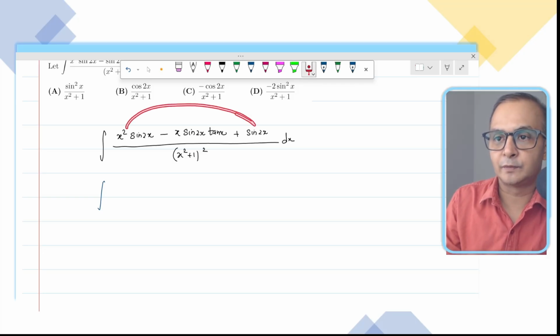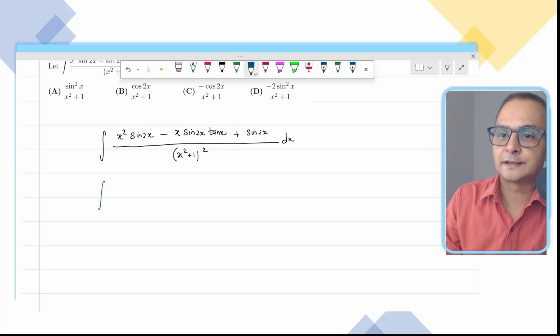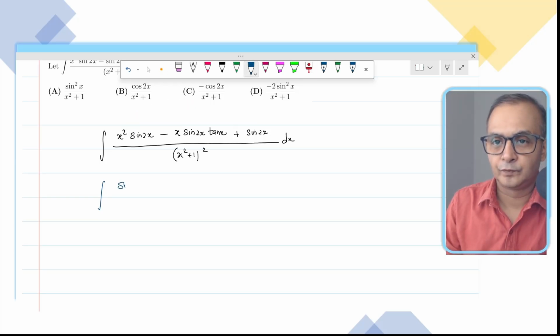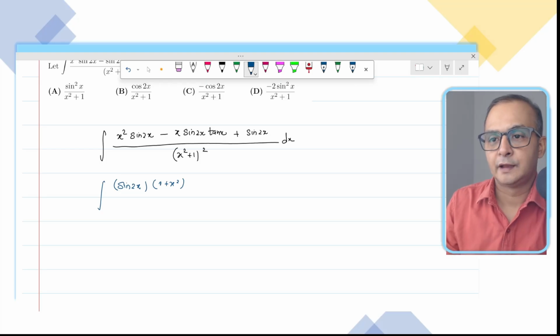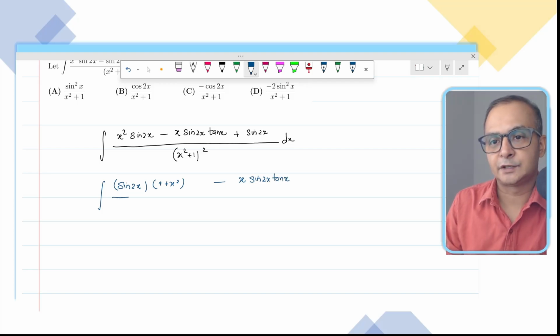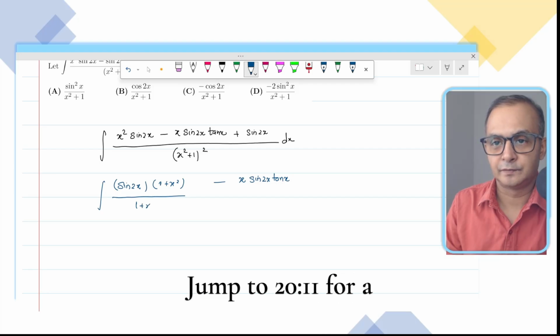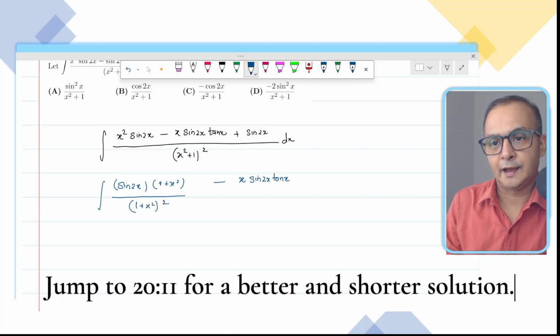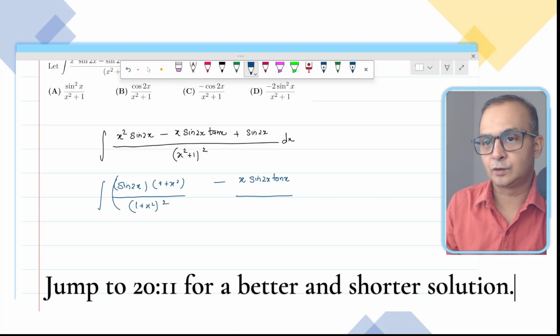You notice this, from these two terms I'm taking sine 2x common. So if I take sine 2x common, I will get 1 plus x squared, and the remaining thing I'm writing is x sine 2x tan x, and I'm separating the denominator with it. Now you may have the doubt why we are doing so.